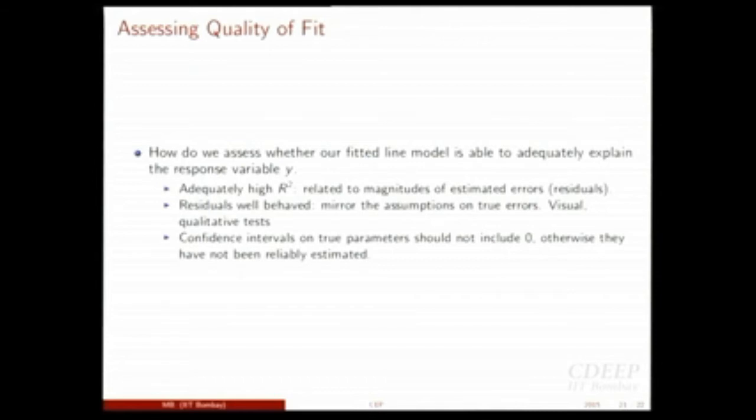Other thing you want to ensure is that whatever confidence intervals you obtain for the true parameter should not include 0. Essentially, if it includes 0, what you are saying is that I am saying the value is 1.5, but the true value could have been 0. Well, if it had been 0, you better not put that corresponding x variable in the model, right?